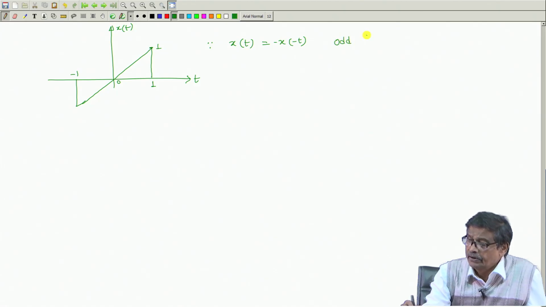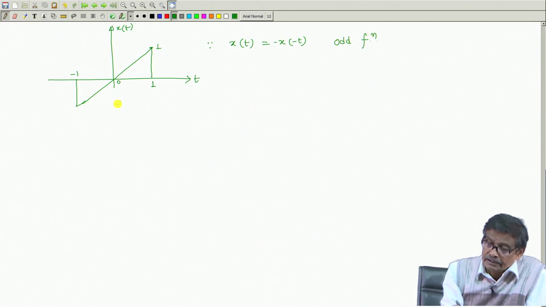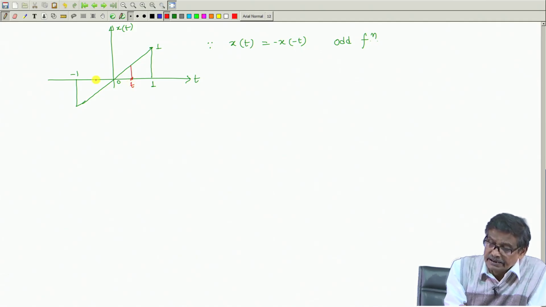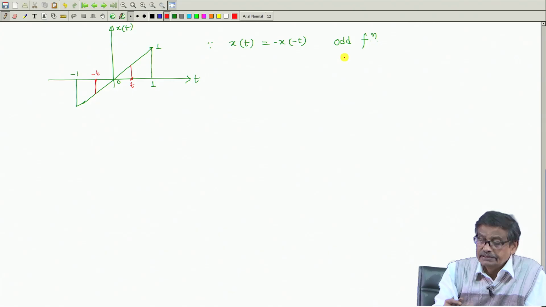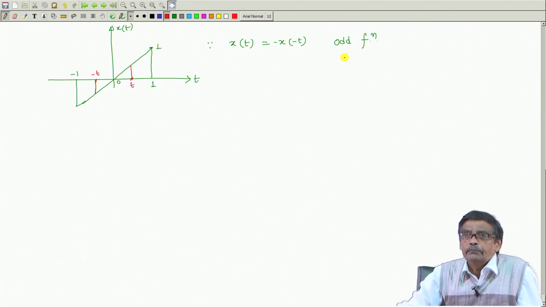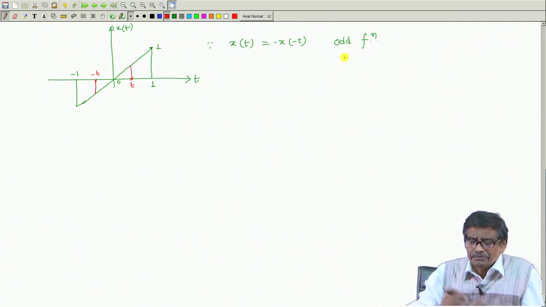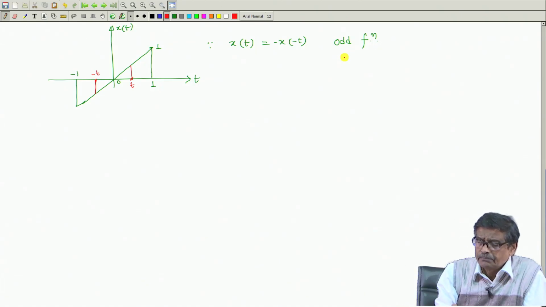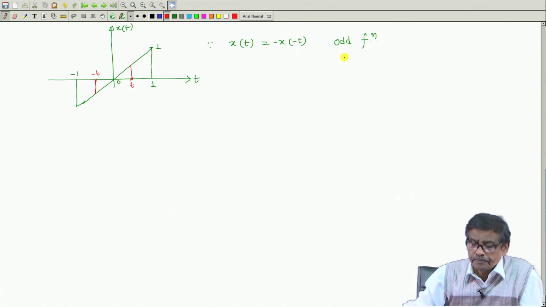The value at any time t, x(t), and at minus t, will have the same magnitude but with opposite sign. So, when such a condition is applicable, it is called an odd function. You can have several odd functions. At any positive value of time, whatever is the ordinate, the corresponding negative value ordinate will be the same magnitude.